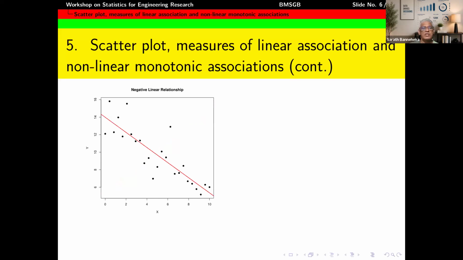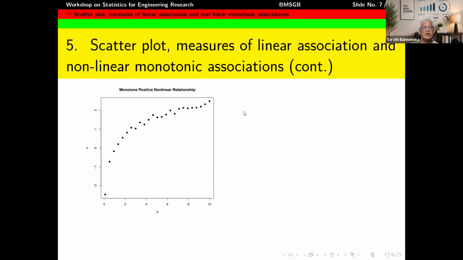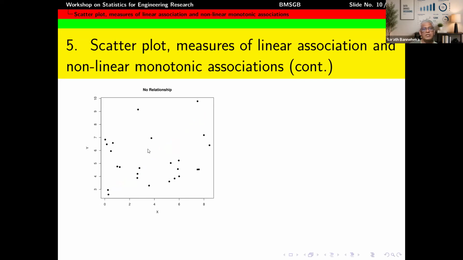Here y values are decreasing with increasing x in general. Here again y values are increasing as x increases. Here y values are decreasing when x is increasing. Here, for a certain part it's decreasing and for the other part it's increasing, so there is again a pattern. But here there's no pattern like that. At least I cannot see any pattern here.